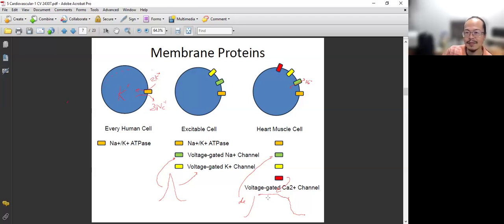During this time, the membrane potential remains positive because you have the slow opening of this calcium channel right here. This one will open and allow calcium to diffuse across from high concentration to low concentration.